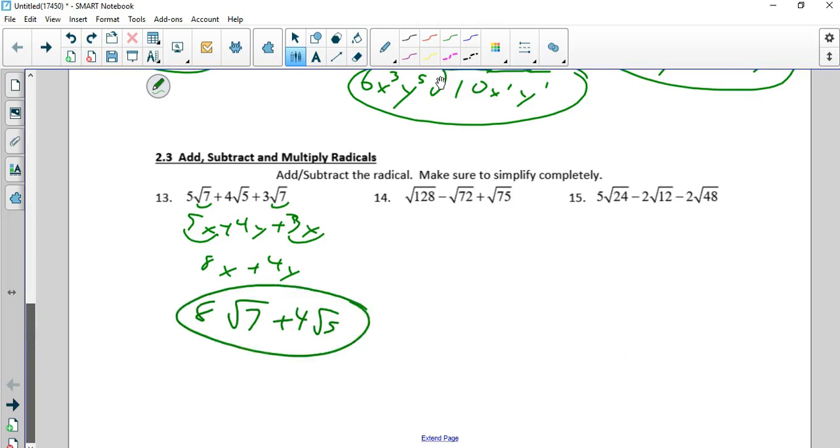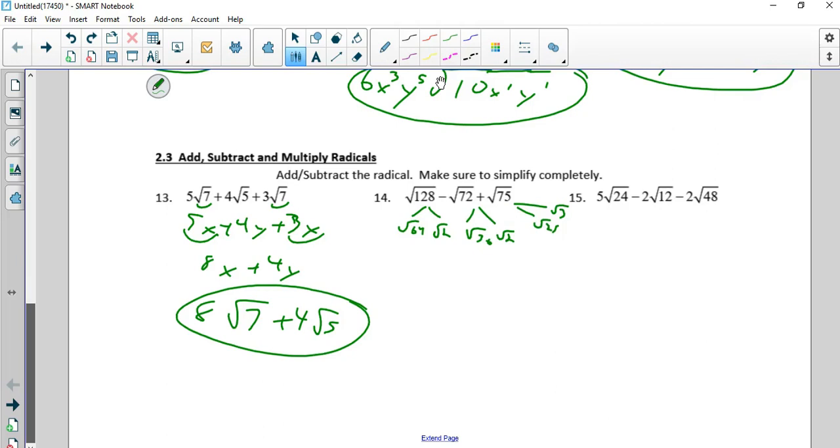Okay, now these three all break down. So what goes into 128? Well, 64 and 2. What goes into 72? Well, radical 36 and radical 2. And 75, radical 25 and radical 3. So let's simplify.